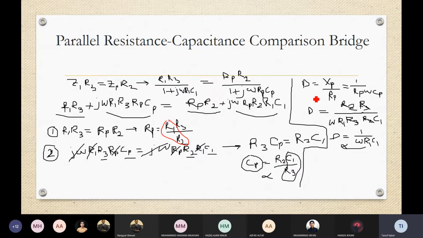Now the parallel component dissipation factor can be found by Xp divided by Rp. Therefore 1 by Rp omega Cp is the dissipation factor for the parallel combination. Now we know the value of Rp and the value of Cp, so we can find the dissipation factor.